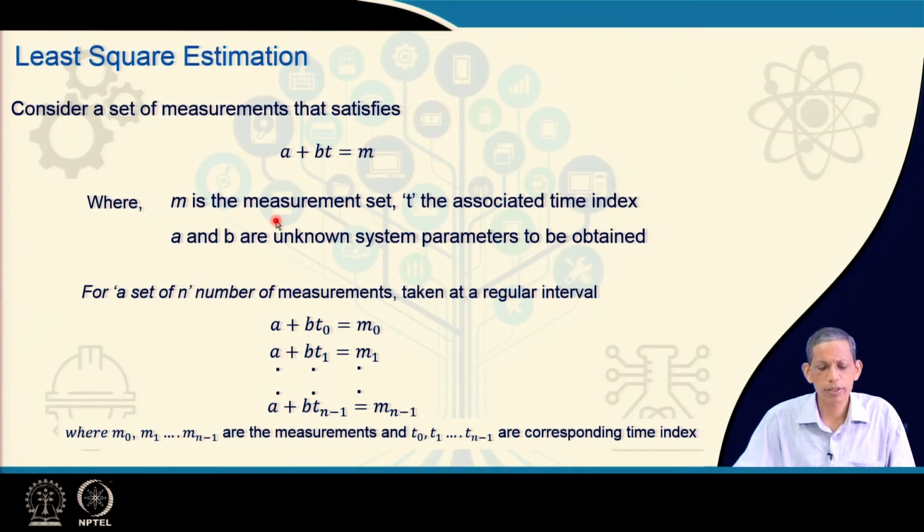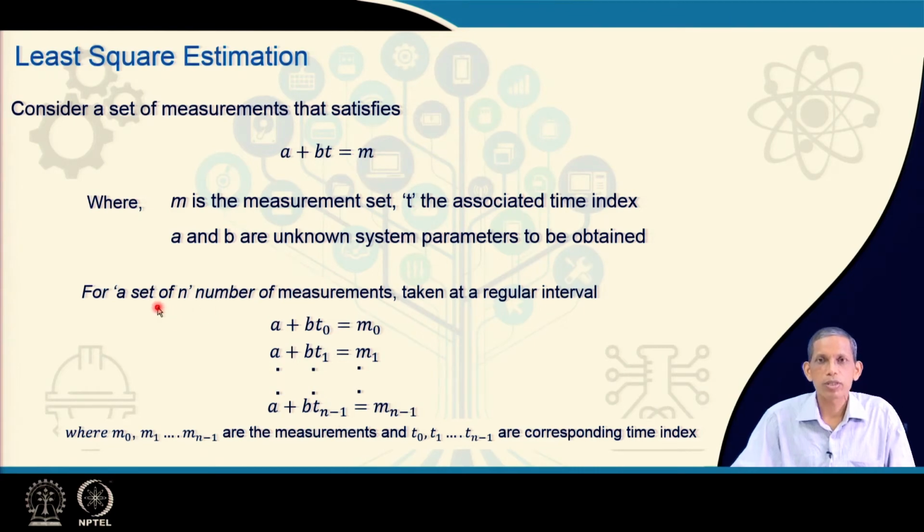Now, in this case, we have a set of measurements at different times. Let us say we have n number of measurements, so m 0 through m n minus 1, and the corresponding times at which we took these measurements are t 0 to t n minus 1.